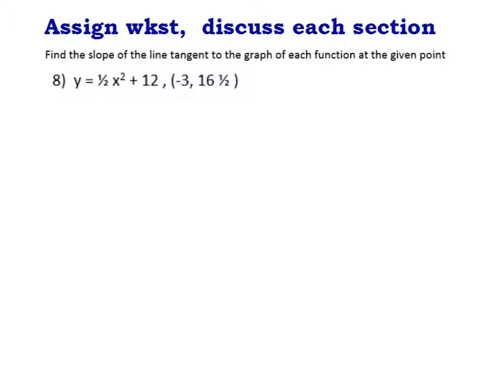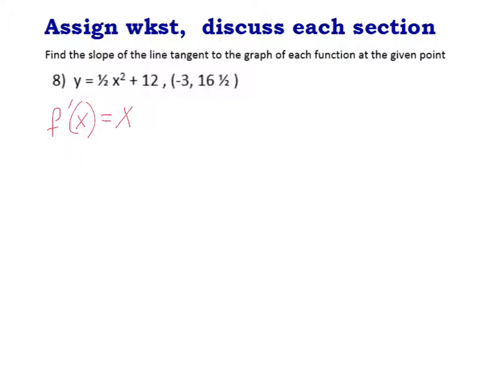All right, this is just like our old homework was in the first lesson when we first learned the derivative. We were doing the difference quotient, but we were doing it at a specific point. So on this one, I'm going to start off and find the derivative of my function using the power rule. I'm going to take 2 times 1/2, that's just a 1, x, and I subtract 1 from the exponent, so it's just an x.